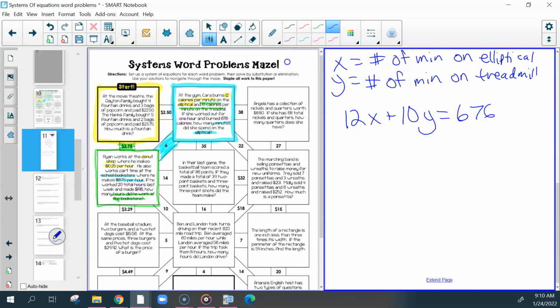And then what about our other equation? E plus T equals minutes. In my case, it would be x plus y. It tells us 1 hour, but everything else was in minutes. 1 hour is 60 minutes, so this would equal 60.